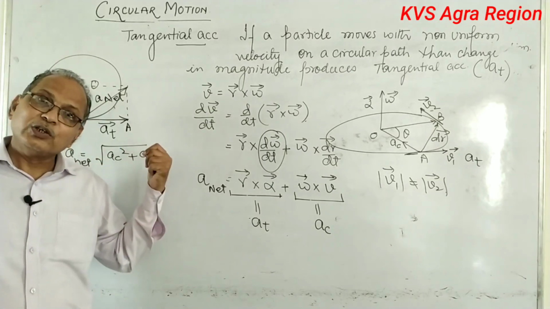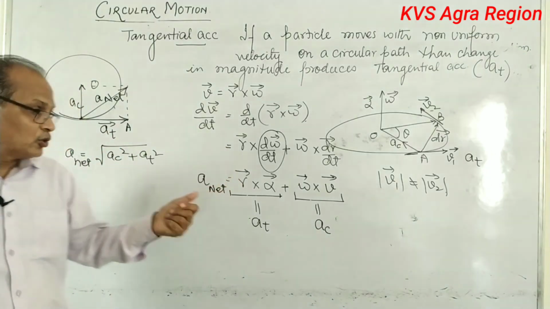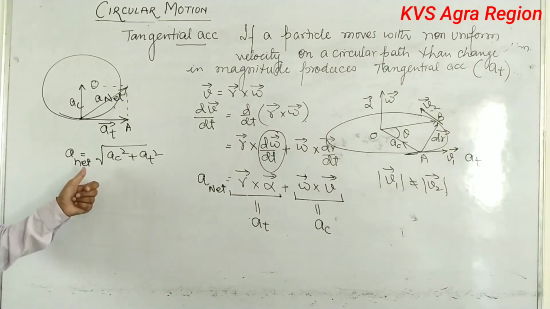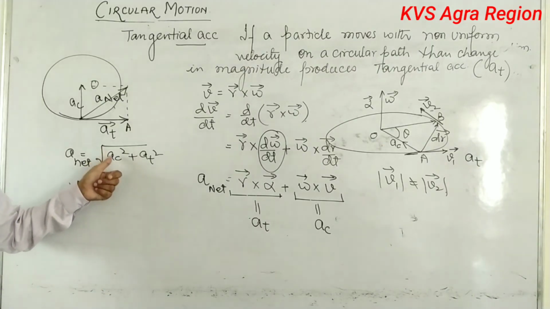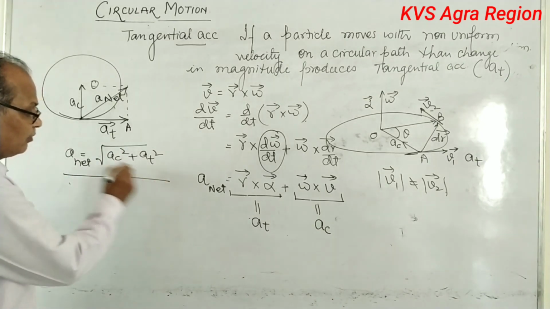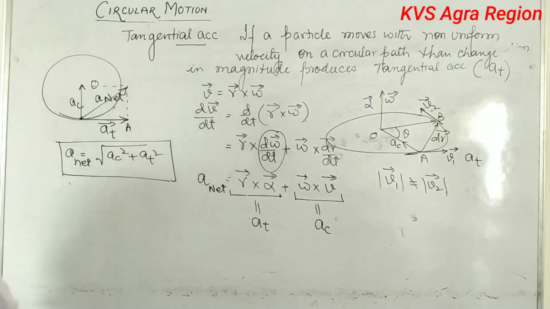Theta is 90 degree here, so that term will be 0, cos 90 is 0. So the total acceleration is root of AC square plus AT square. This is the total magnitude of the net acceleration.